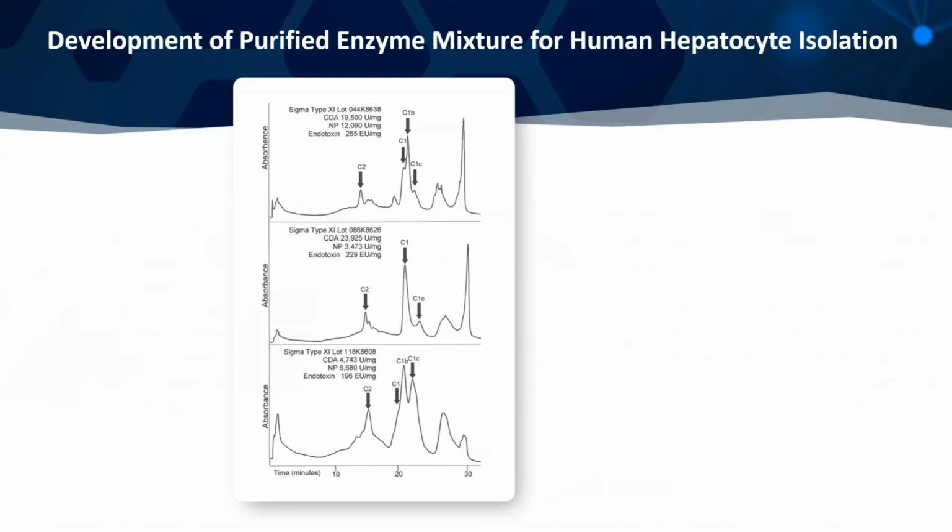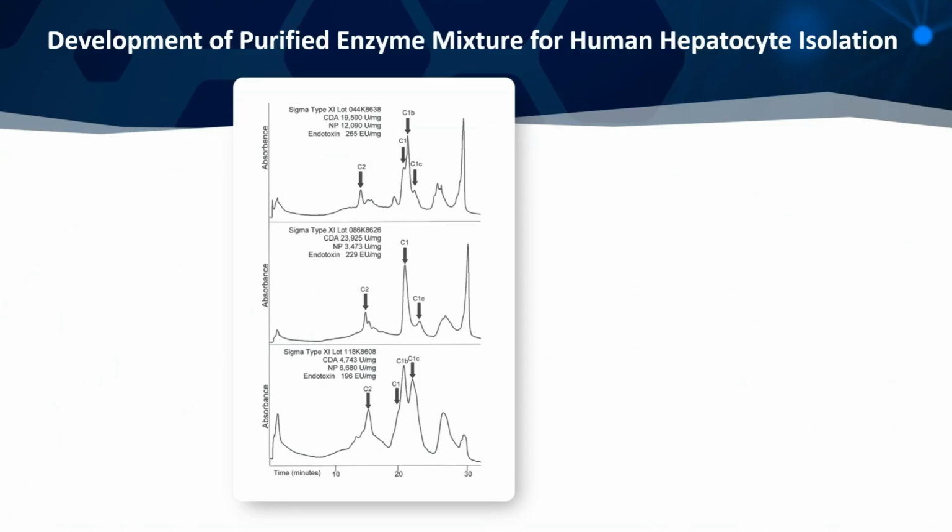And you can see, in contrast to the original Liberase, there's multiple peaks. And of course, since it isn't purified, it's an enriched collagenase, there's a lower percentage of collagenase in these products. But the interesting thing I want to point out on this is that the collagen degradation activity and neutral protease activity, as measured by Vitacyte's assays, is very variable. Also, you can see it has high endotoxin.